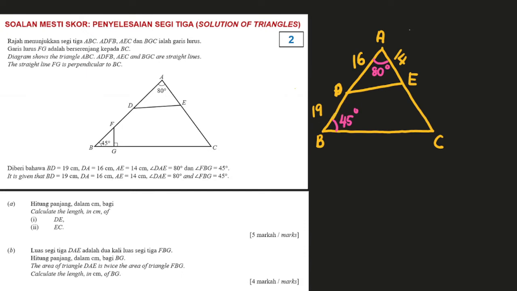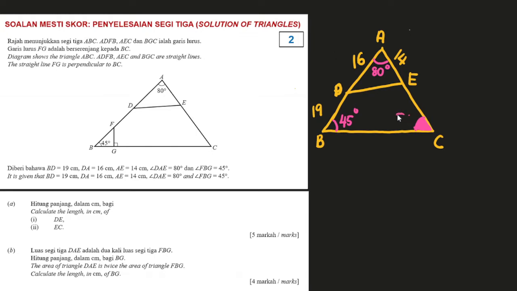Now, looking just at the triangle itself, by right now you can already find this angle here. Why am I saying that you can already find the angle here? Because by now you should know that one triangle has a total of 180 degrees, the sum of angles. So if I want to find it here, I take 180 minus 45 minus 80.